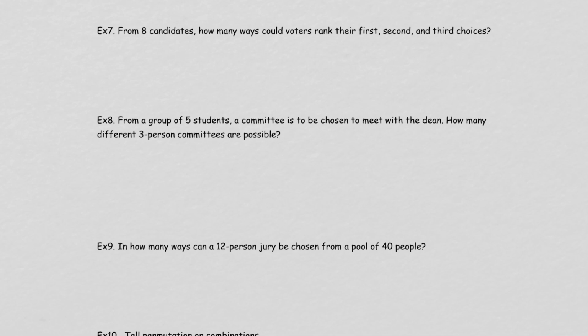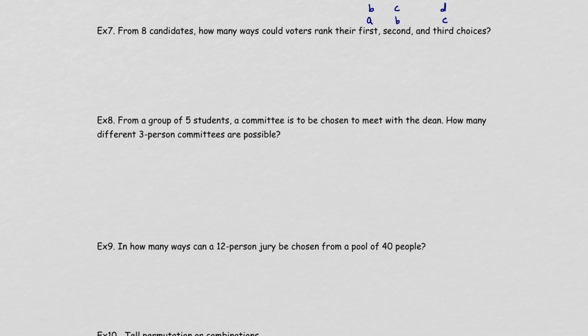But if they want to rank first, second, third, order is going to matter, because having A first, B second, C third will be different from having B first and C and D second and third. So this is going to give you different ways.